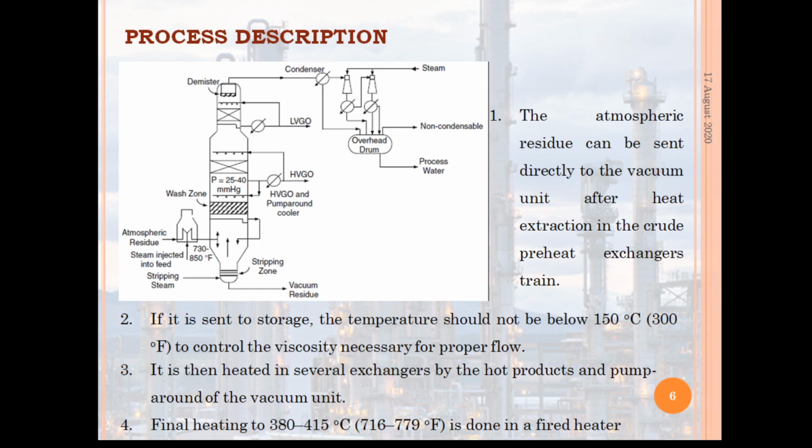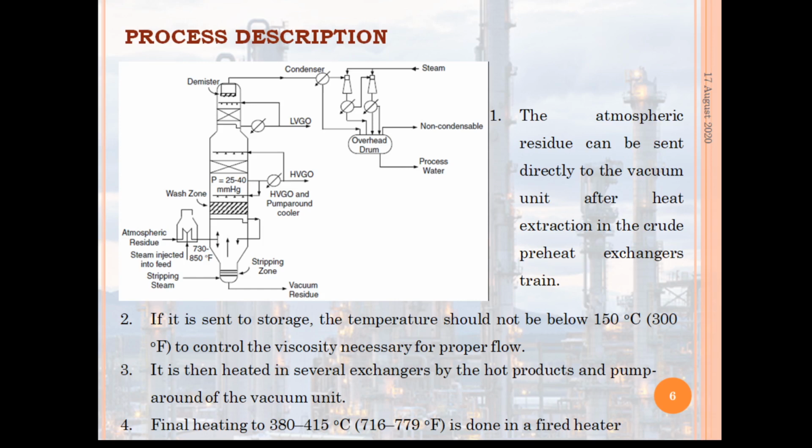When we provide that, it helps to remove the heat of the crude, okay. And if it is sent to storage, the temperature should not be below 150 degrees centigrade.